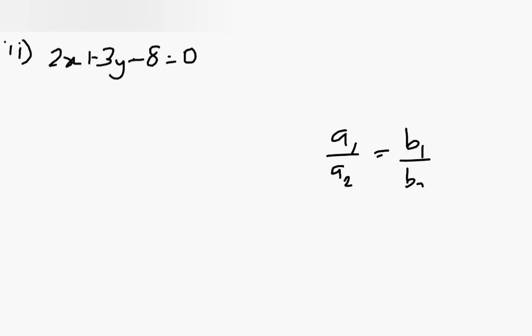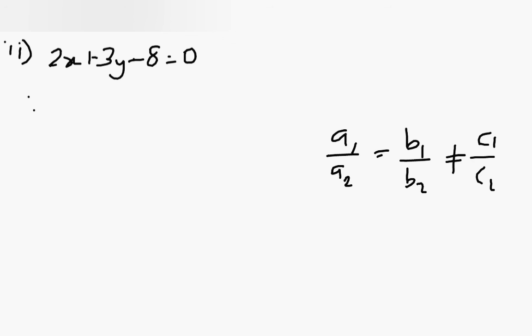Now parallel lines. The equation was 2x plus 3y minus 8 is equal to 0. For parallel lines, a1 upon a2 is equal to b1 upon b2 but is not equal to c1 upon c2.